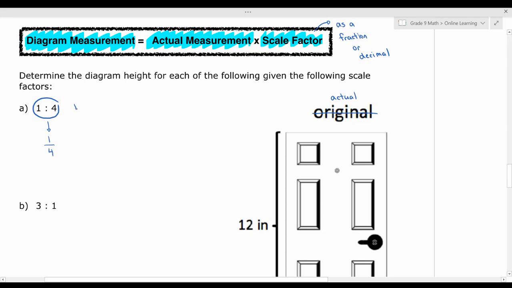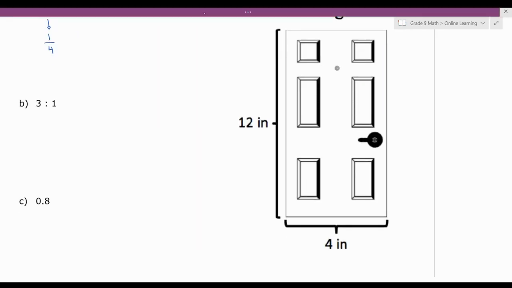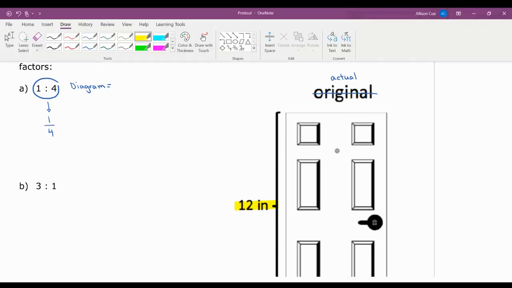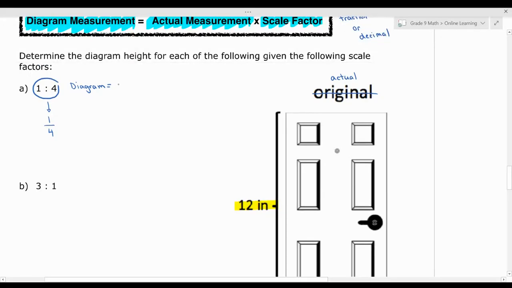So then the diagram, if I wanted to draw the diagram version of this door, so the scale drawing, I would take the actual, and again, I'm just going to focus on one of the dimensions. So I'll go with the 12 inches. We would have 12, and then times it by the scale factor as a fraction, which is a quarter.